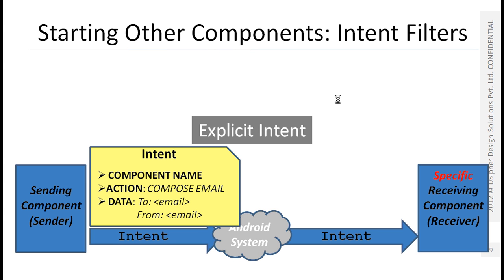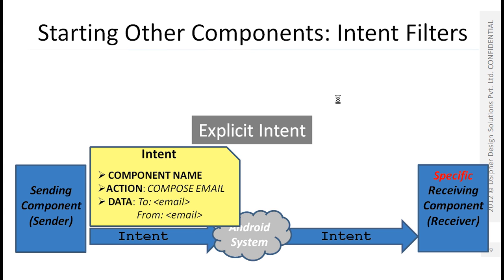If you want to move from the first activity to the second activity, you specify the second activity name as a parameter to the intent object. Your Android system will directly transit to that second activity. It will not ask you which activity to choose from.